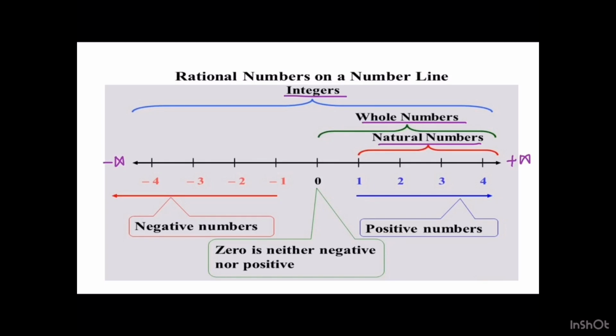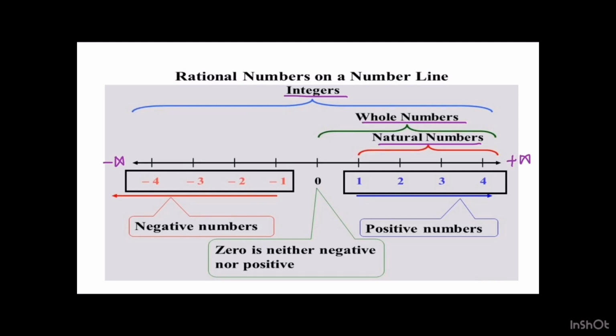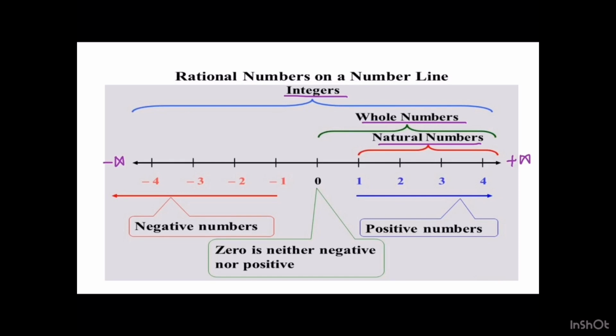And integers, which includes negative numbers, 0 and positive numbers. Positive integers are located on the right side of 0 and negative integers are located on the left side of 0. And 0 is neither negative nor positive.